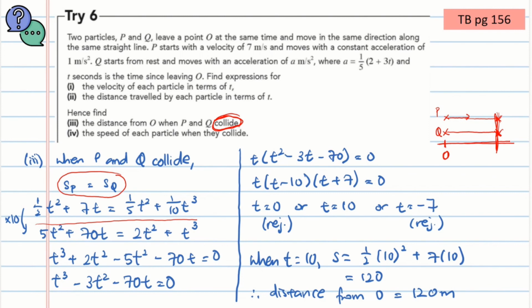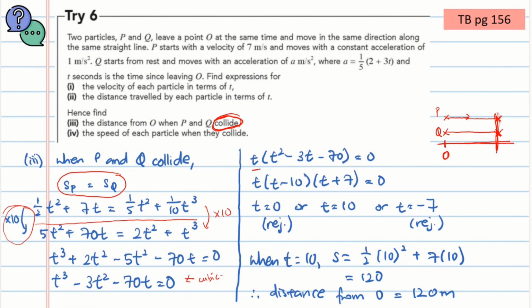I don't like to work with fractions, so I multiply on both sides by 10, so that I deal with integers, and I simplify it, and I see that I have something cubic. This is something manageable for us to solve because there is no constant term. Everything has a common factor of t.